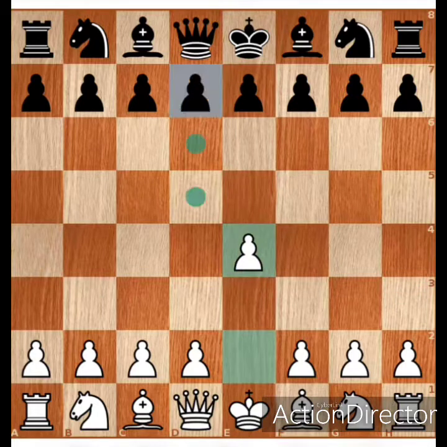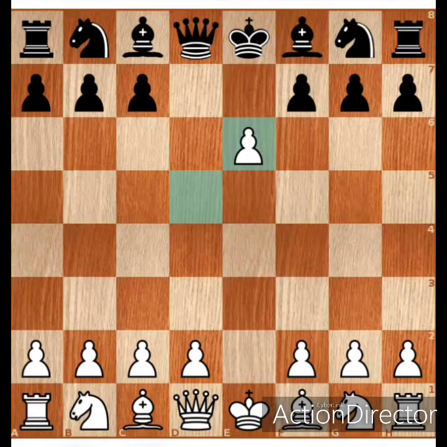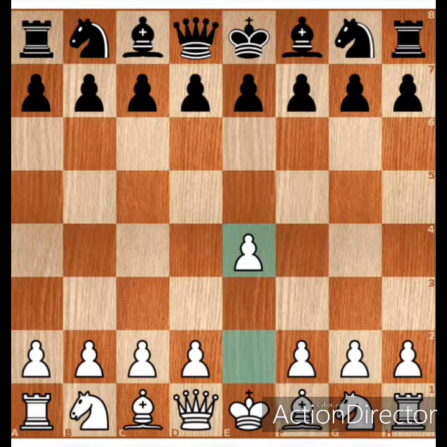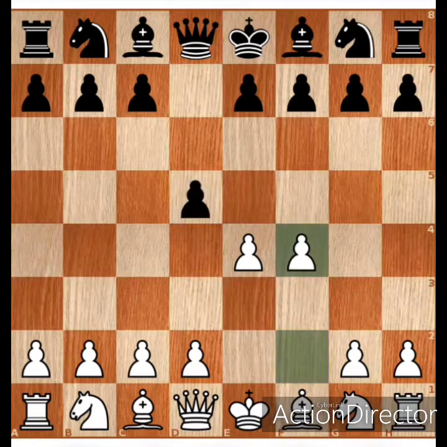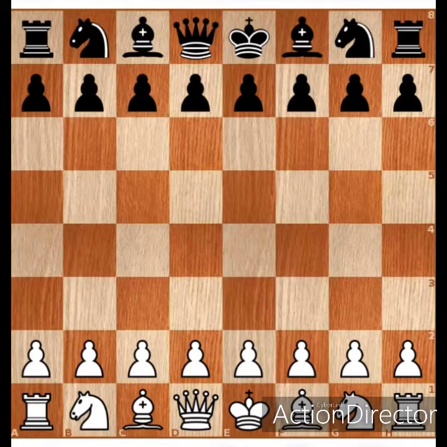But if you move this pawn, then this pawn can capture. Same as for black. Like if white moves this way, then this pawn can capture. That is the normal rule.